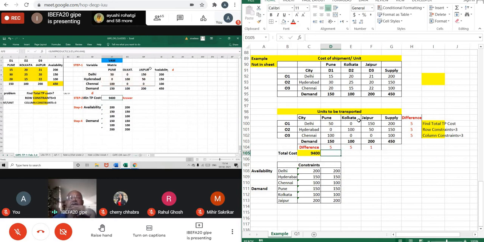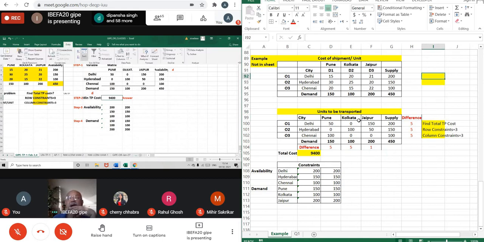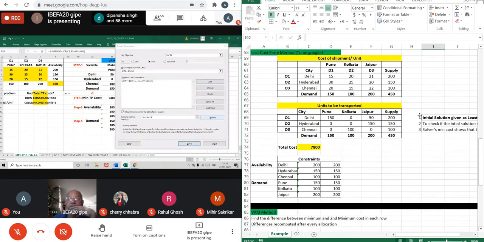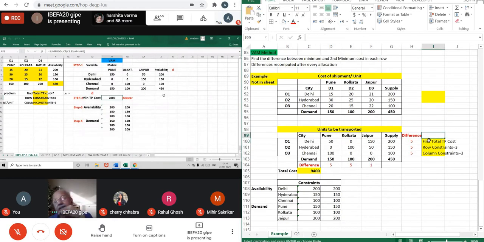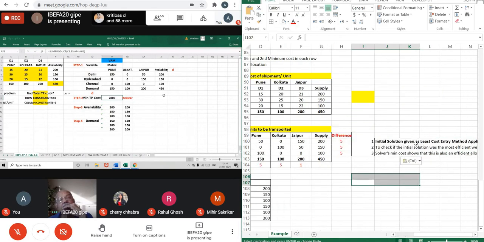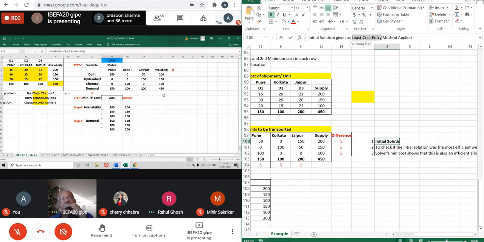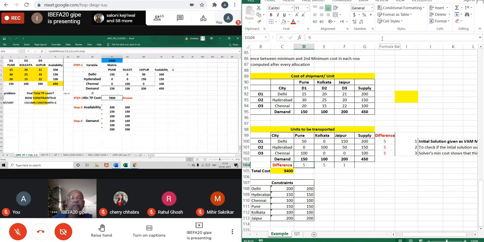$9,400 is the initial solution, and I give it to my solver. What is the answer we got? $7,800. So by all this procedure, what is the conclusion you can draw?